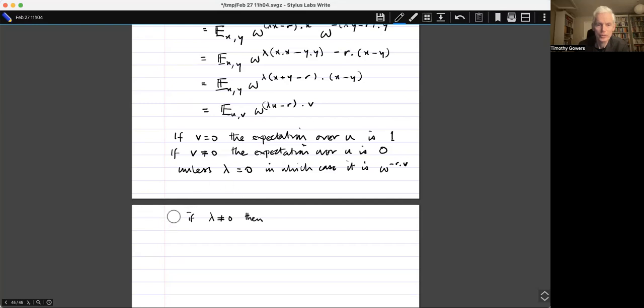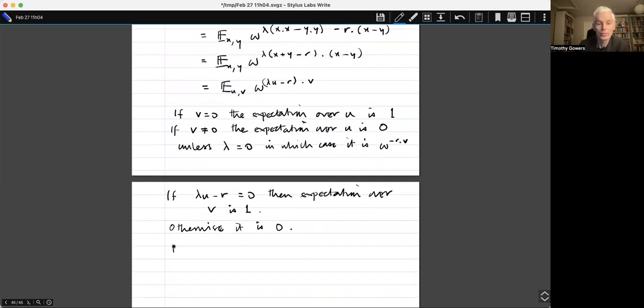I'm going to just try it the other way in case that makes it nicer. That's what I did when I was preparing this. So the other way around, I'll say if lambda u minus r equals 0, then the expectation over v is 1. Otherwise it is 0.